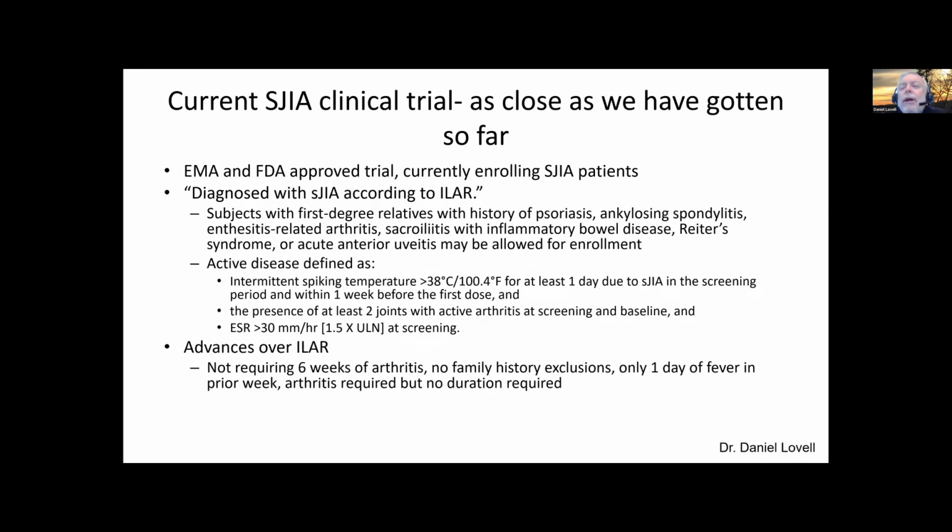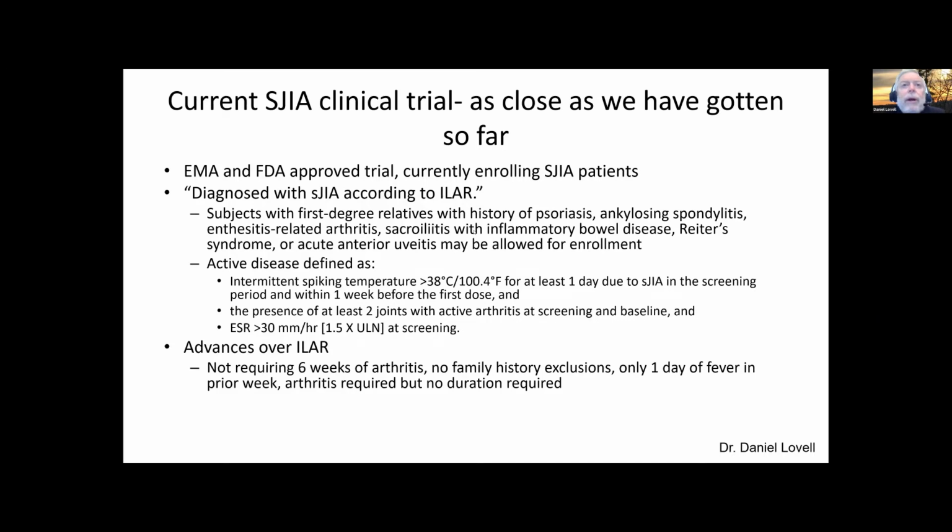So an integrated part of the process of moving from those preliminary criteria to final criteria will be to convene a meeting of us adult onset Still's disease experts and SJIA experts to come up with 1 or 2 criteria that will then be formally tested in groups of adult onset and pediatric onset patients for their measurement characteristics, with the goal of coming up with a single set of criteria that'll work across the full age range.